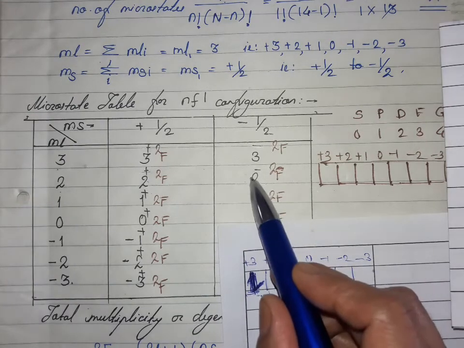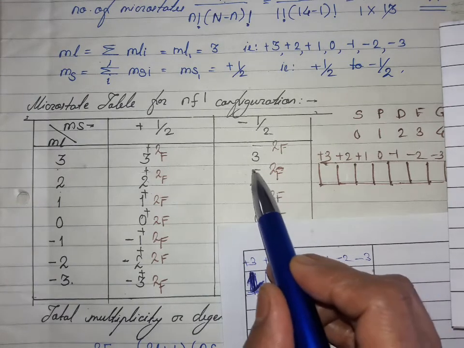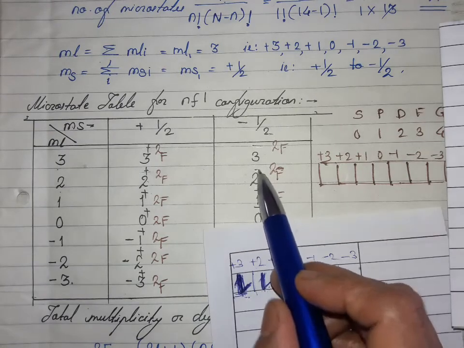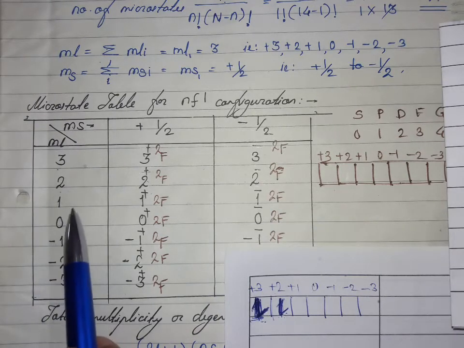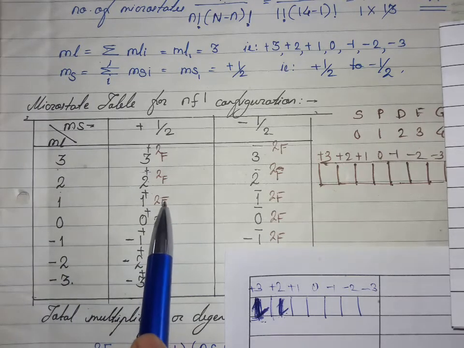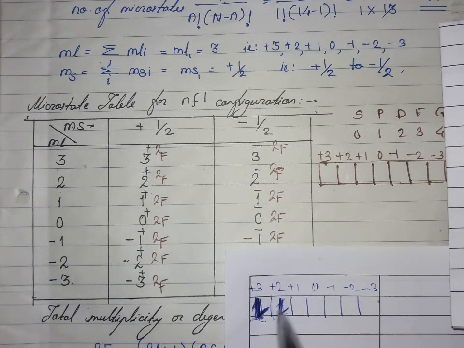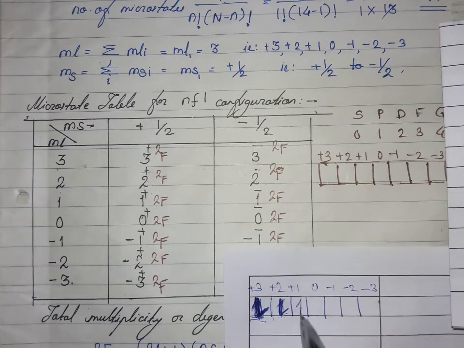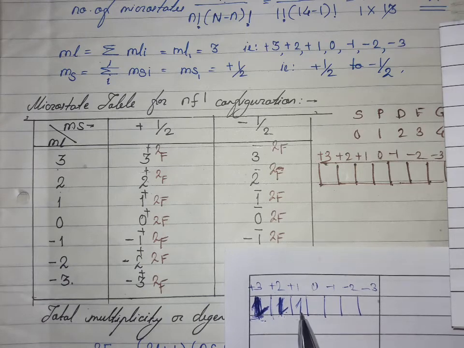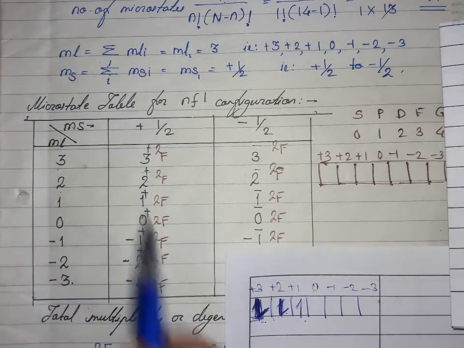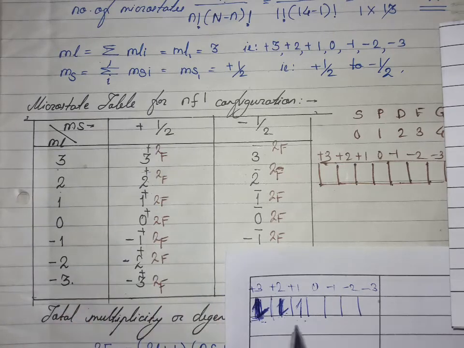So write down that 2, but the spin is negative, at the top of that 2. Then what about this case? ml must be 1 and ms must be 1 by 2. Now put that same single electron into this one with parallel positive spin. So ml is equal to 1 and ms is equal to +1 by 2.